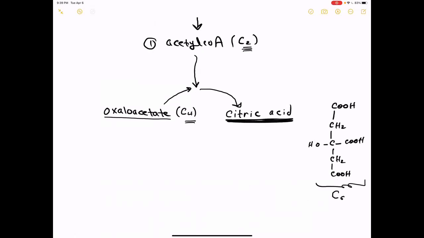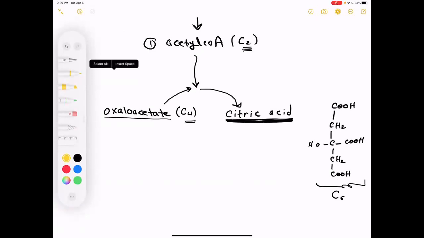Because the first intermediate formed in the cycle is citric acid, right? Which is a tricarboxylic acid. It has 3 carboxyl groups. So citric acid is a tricarboxylic acid. It has 3 carboxyl groups.